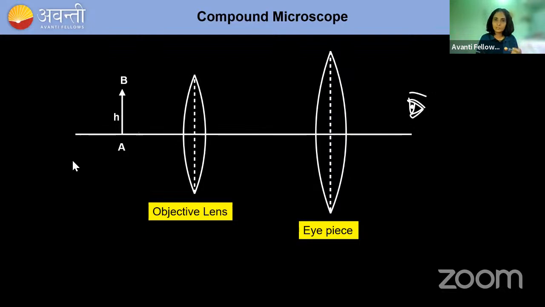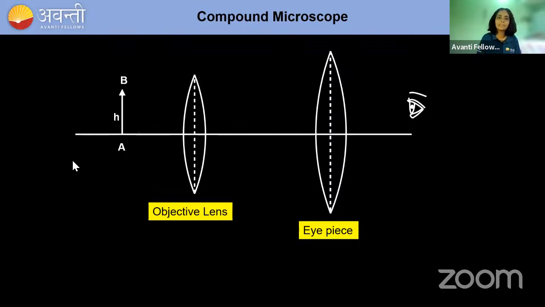So the aperture of the objective lens is small so that light coming from the small object that is already small should not get dispersed much. It should get concentrated to one point, and that one point will be its image, right? So that is why we are not enlarging its aperture to that extent. Okay, this aperture is small with respect to the eyepiece. That's the reason.